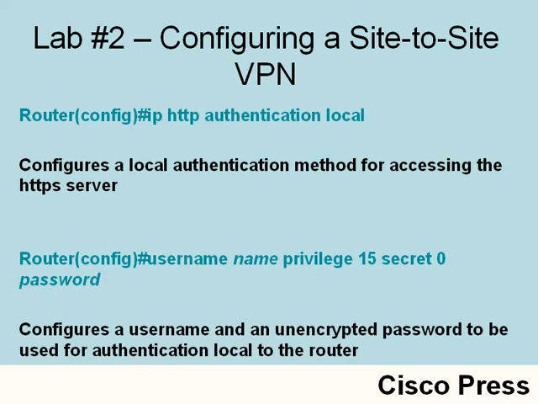We can say username, followed by the username, followed by privilege 15. That's the same as the enable privilege on a router. When you go into a router and you say enable, and you give the enable secret password, that privilege level that you enter into is privilege level 15. We are then going to use a specific password for that user. We're going to say secret 0 followed by the password. And secret 0 simply means that this password is unencrypted.